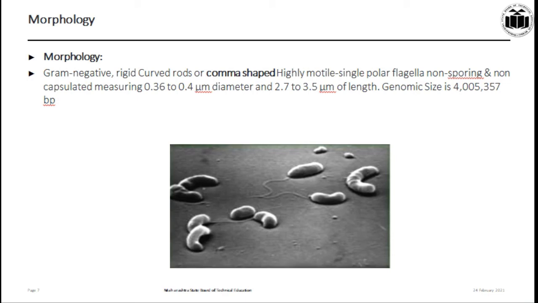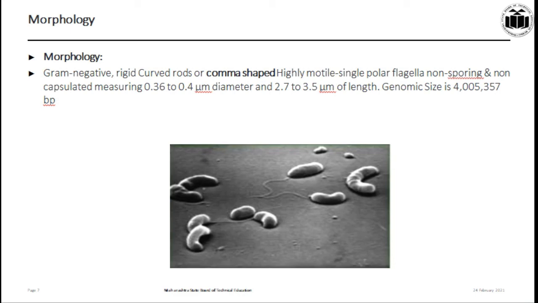So when we look at the morphology of Vibrio cholerae, it is very specialized. First of all, it is a gram negative bacteria.